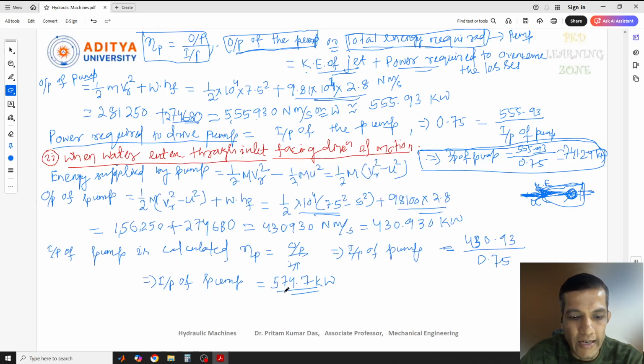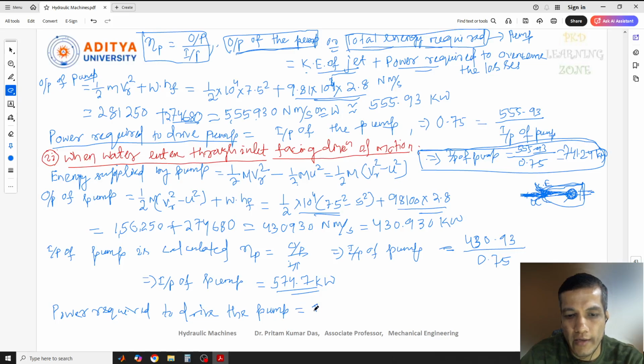Okay, this is the input of the pump. So this is nothing but the power required to drive the pump, which is equal to the input of the pump.